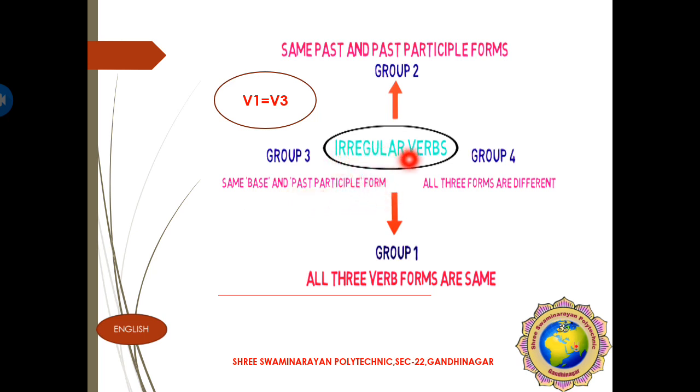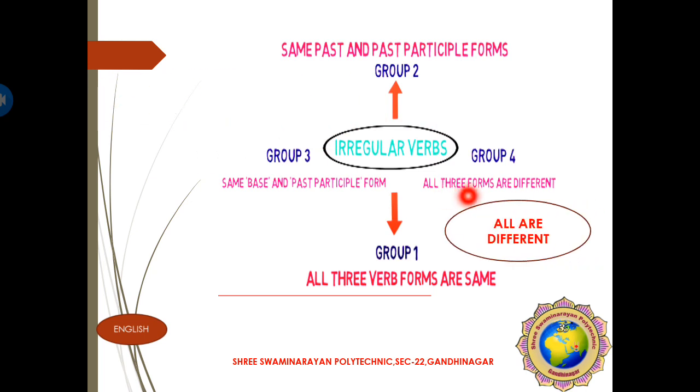When the base form and past participle form are equal, it's called group 3 of irregular verb. Same way for group 4: all are different. It means V1 is not equal to V2 is not equal to V3. All 3 forms are different. So irregular verbs have group 1, group 2, group 3 and group 4. Here all 3 are equal, here 2 and 3 are equal, here 1 and 3 are equal, and here all are not equal.